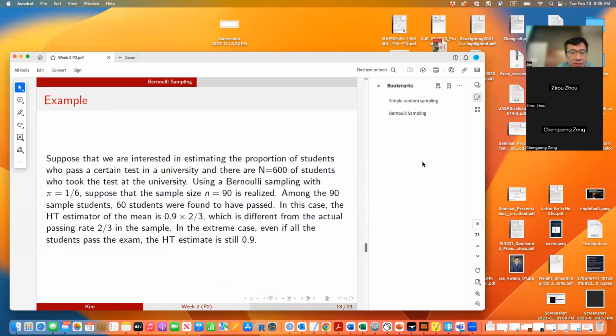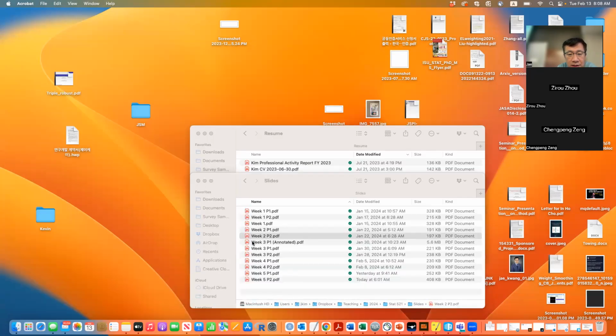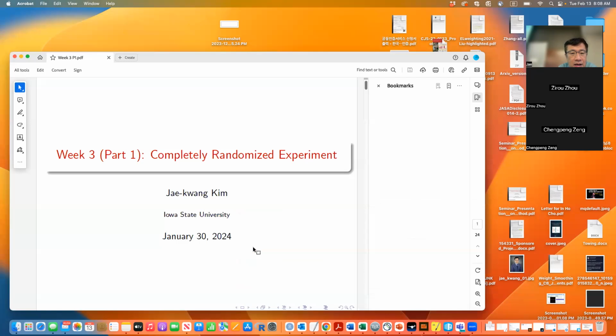This is simple random sampling, so maybe week 3, part 1.